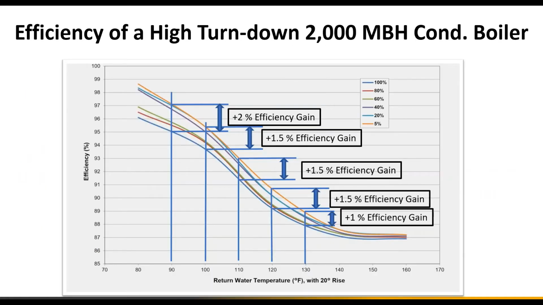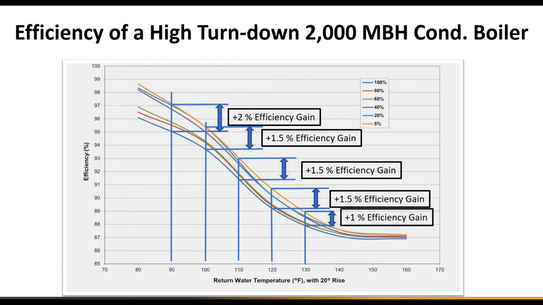The key point of this slide is really a couple of things. First of all, we see the efficiency plotted on the left-hand side versus return water temperature. As the return water temperature drops below 130, 135, we see that the efficiency starts to increase quite dramatically.